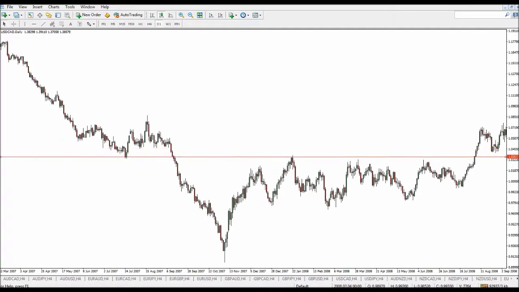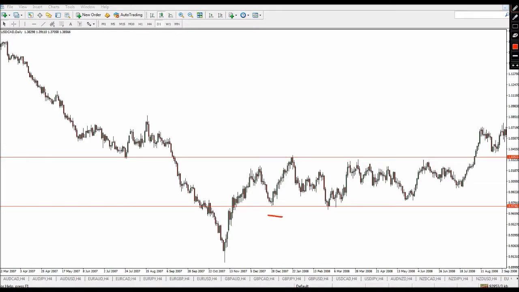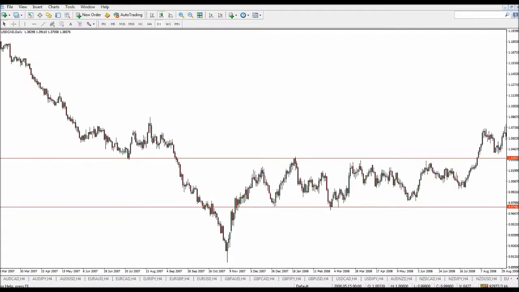If I bring up some lines, you may be able to see this a lot clearer. This is our support down here, this is our resistance. We have these swings in price, but we're not really going anywhere. Price is moving in a sideways direction.